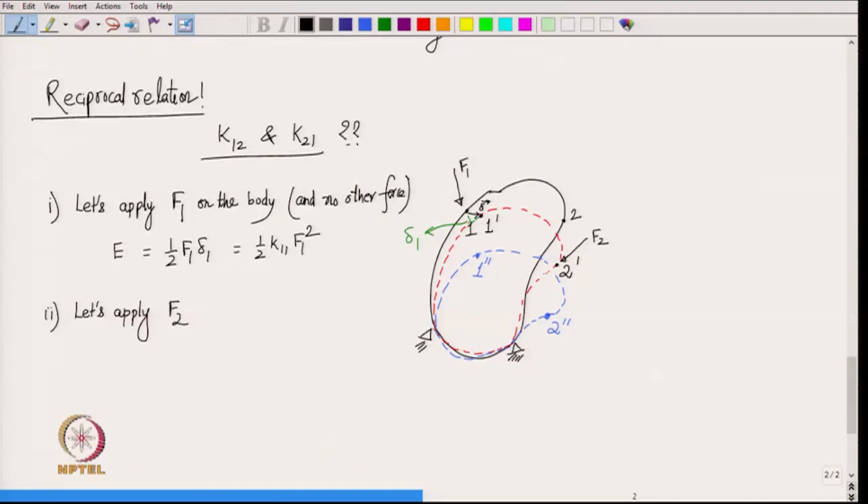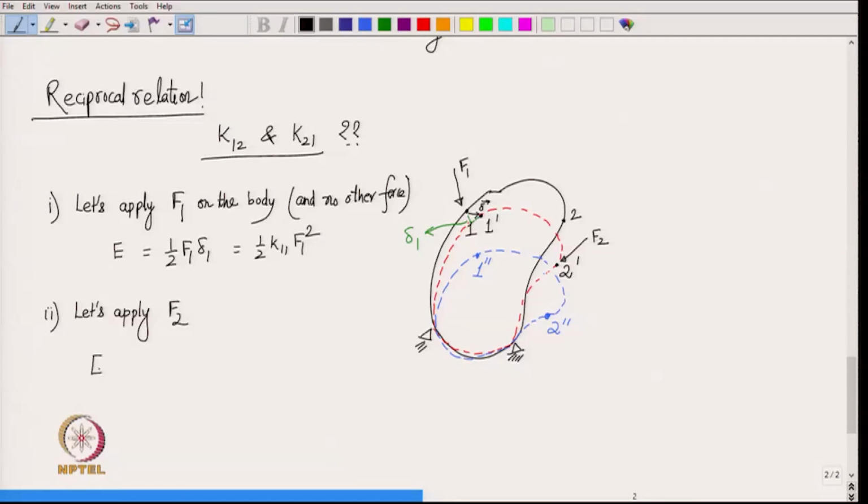So, what is the work done? That simply F1 times that extra displacement, there is no half now. When you ramp up the force F2 slowly, the body goes from red line to blue line, and during that process F1 is acting fully. So, what will be the additional energy stored?